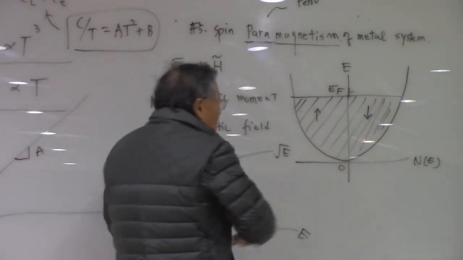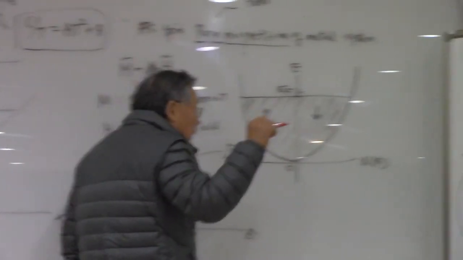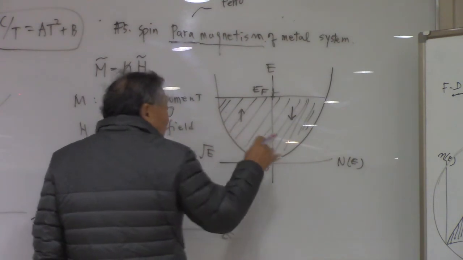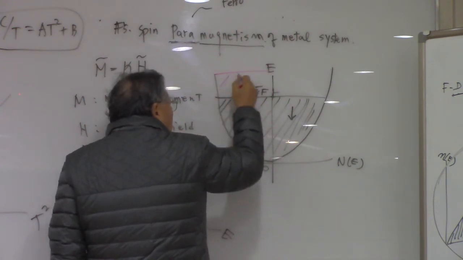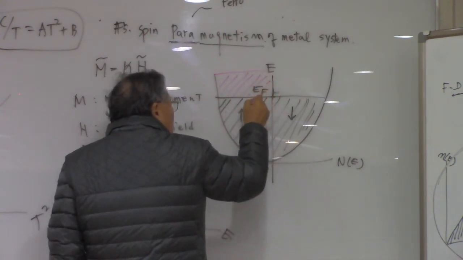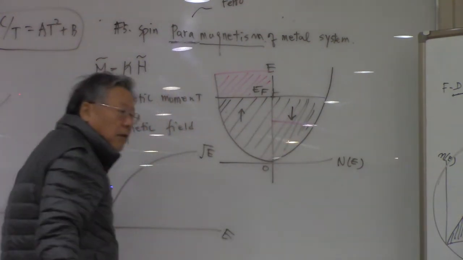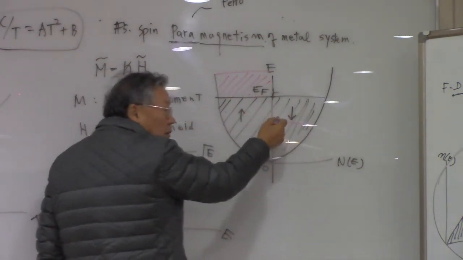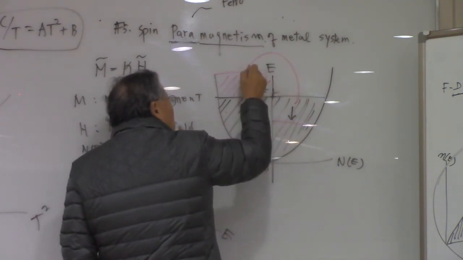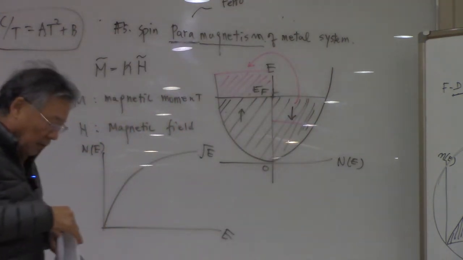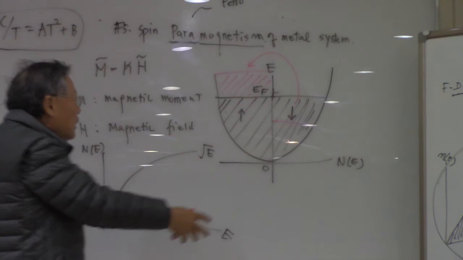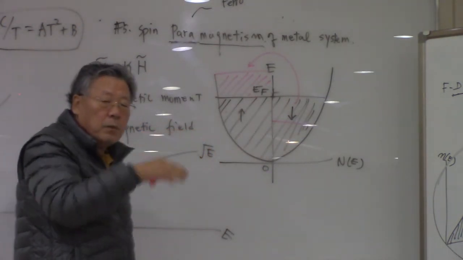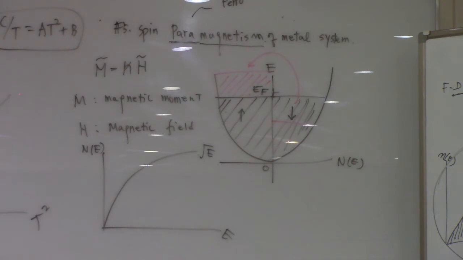According to the direction of the magnetic field, if it is parallel, then this side electron is going to be increased with the sacrifice of these electrons. In other words, these electrons are going to be flipped over. They spill over and move to this favorable magnetic field direction. Right?